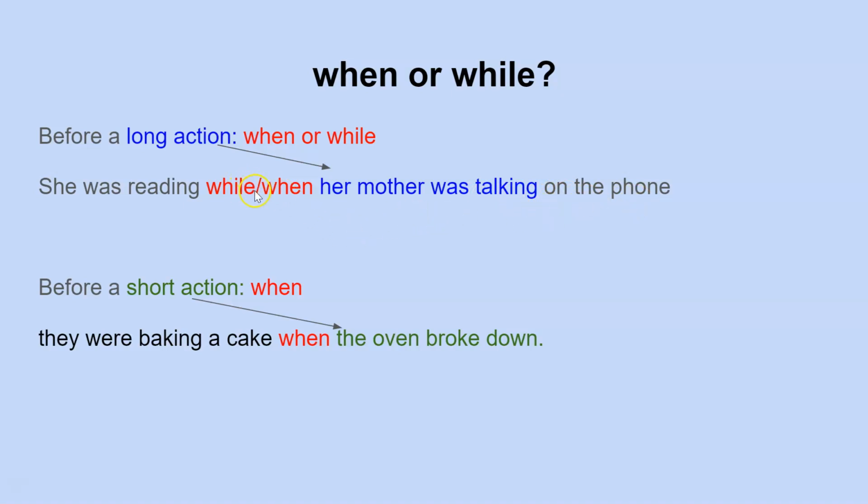So I can say while, I can say when, because here is a long action, an action in progress. Before a short action, when the action which comes after is short, with a simple past, I have to use when, not while.